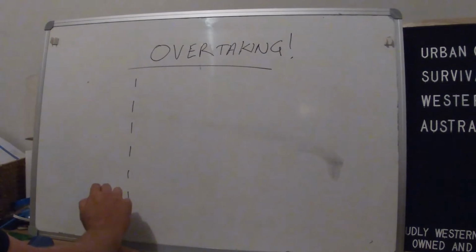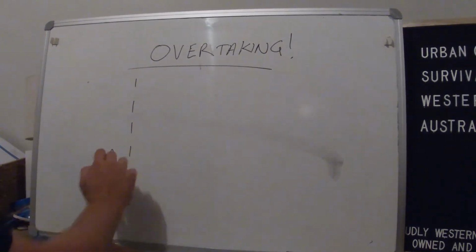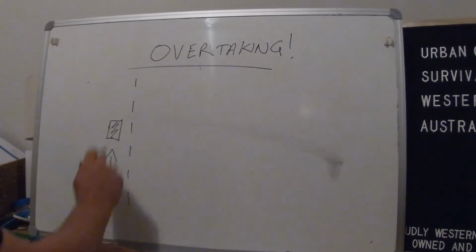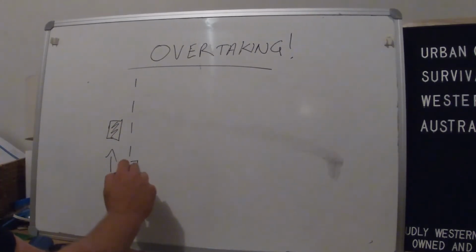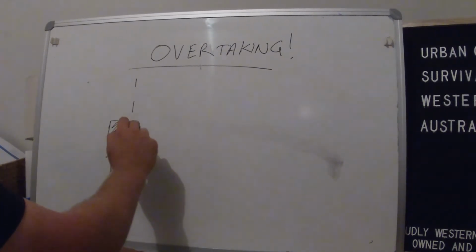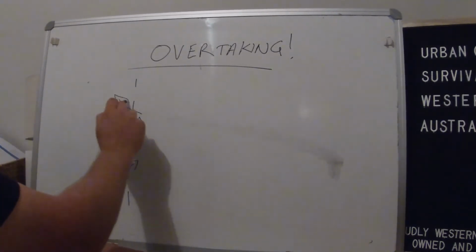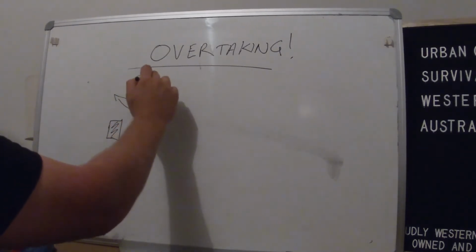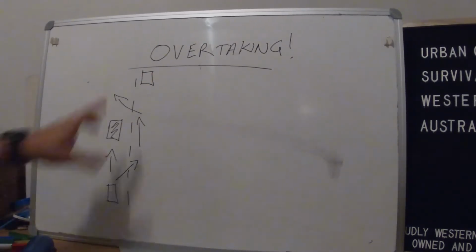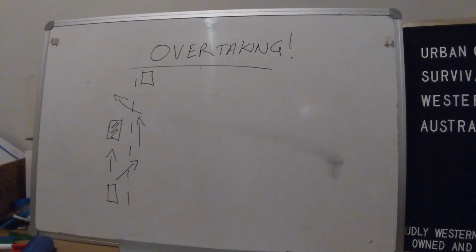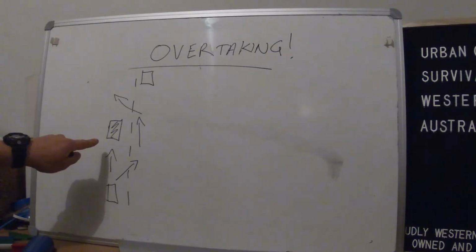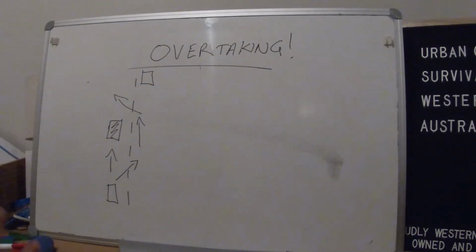That means if you're here and you're travelling in this direction and there's a car here, you can pass them by going onto the wrong side of the road and simply overtaking. You need to make sure there's nothing oncoming. You need to make sure it's all clear, your visibility is good, and that the vehicle you're overtaking is not speeding up or doing something silly on the roads.